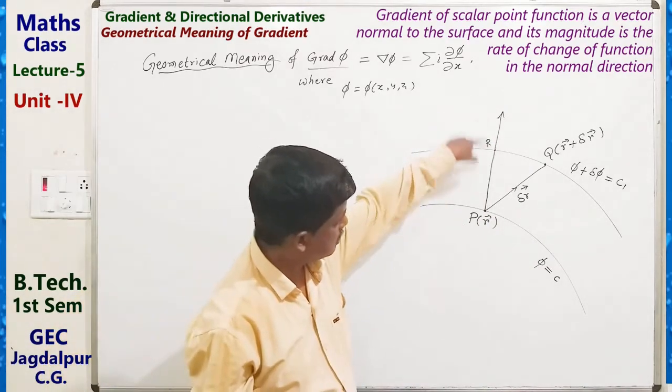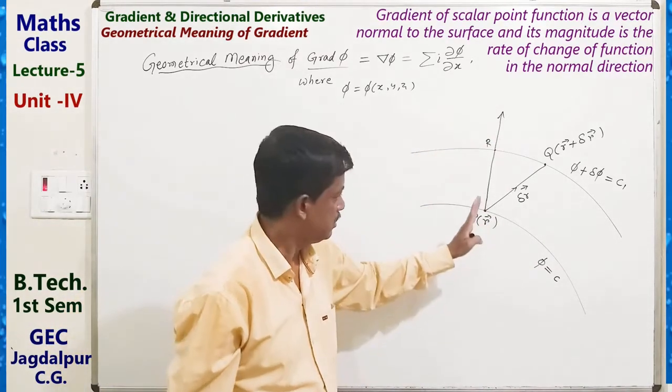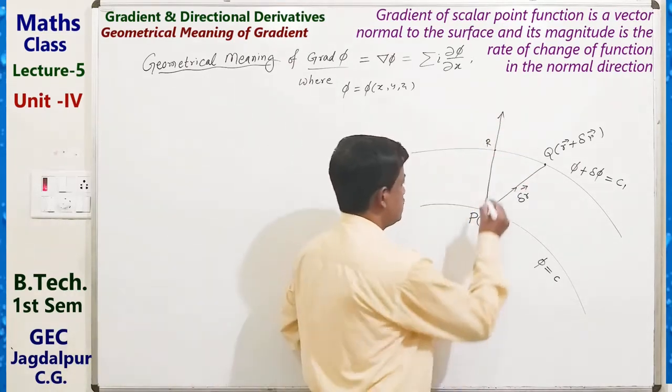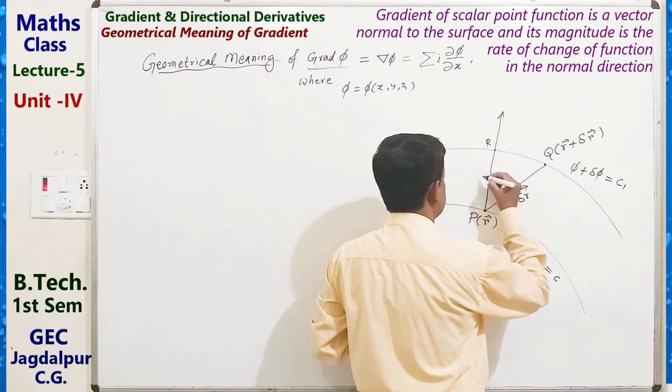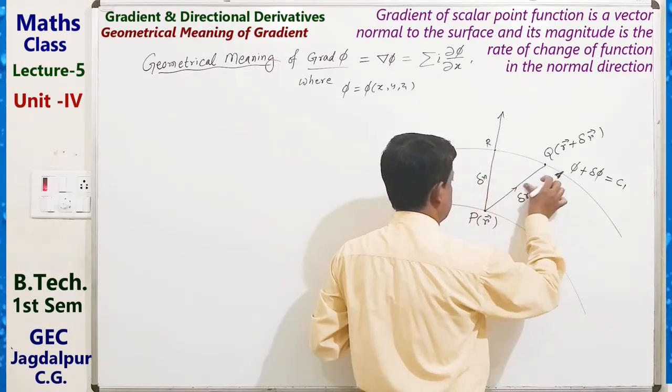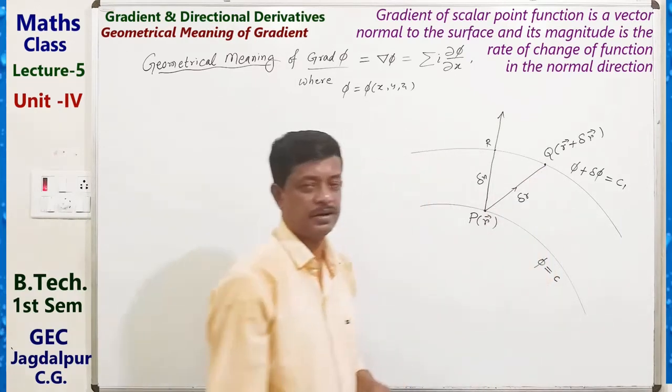Perpendicular distance is this. In this perpendicular direction, this is the perpendicular distance, and this distance is, suppose, delta n. This distance is delta r.